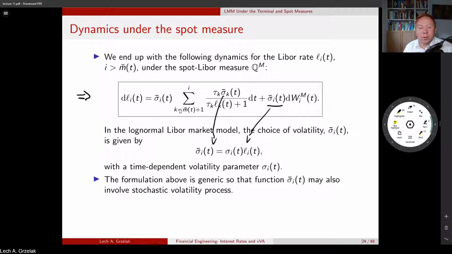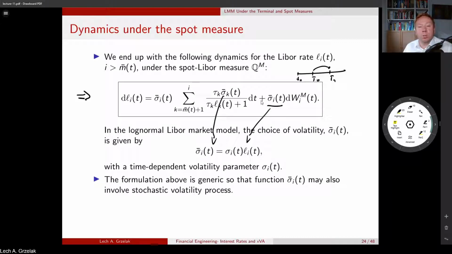And of course, it nicely corresponds that if we look at the first Libor, so here if we have T0, T1, this Libor under the spot measure will still be driftless because then the summation will not have any more terms. So everything nicely collapses.